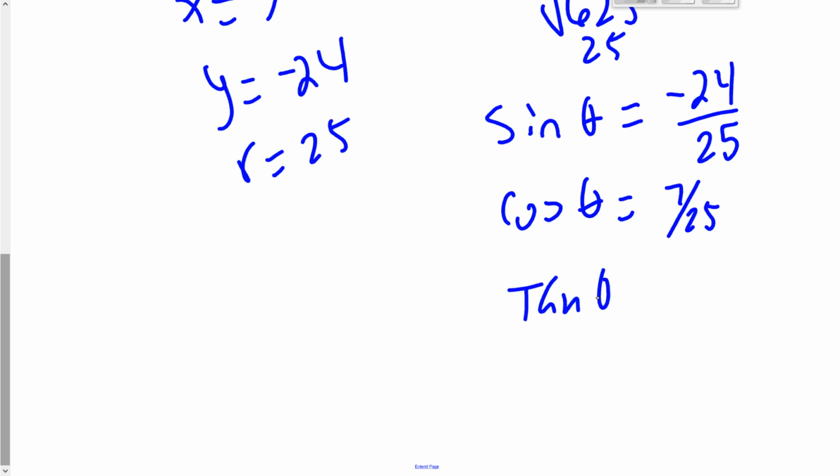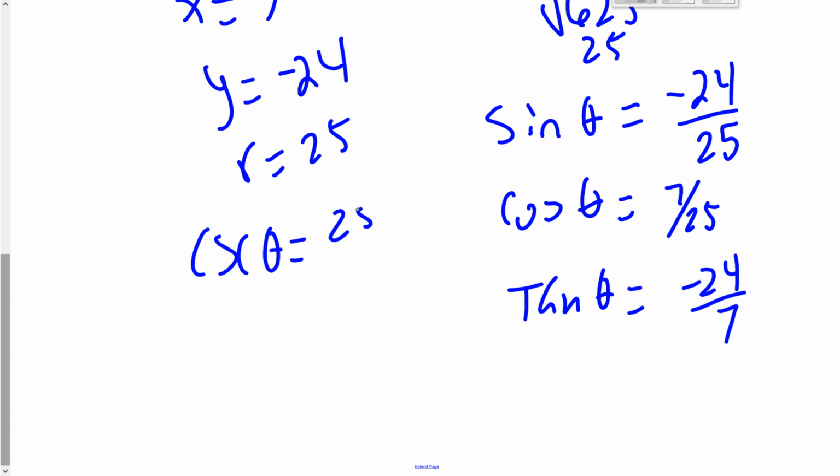Tangent is our y over our x. Reciprocals: cosecant is flipping sine. Secant is flipping our cosine.